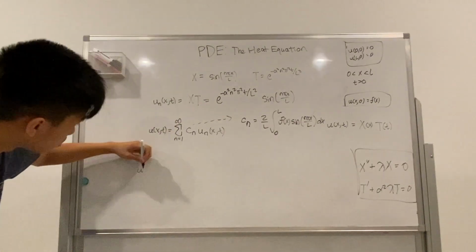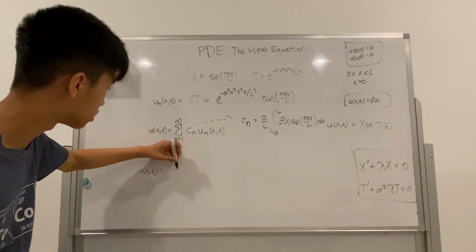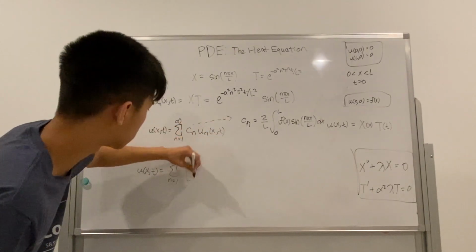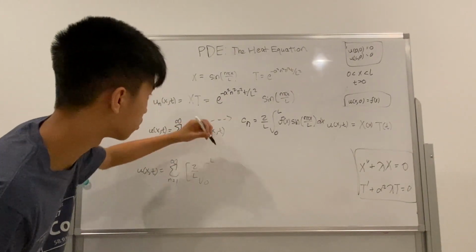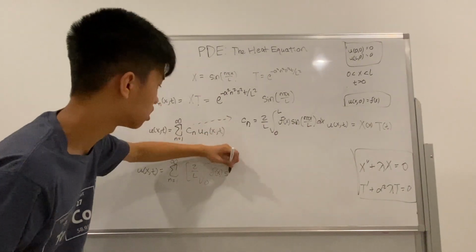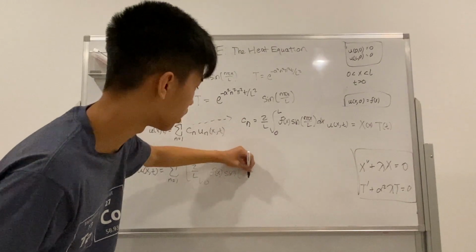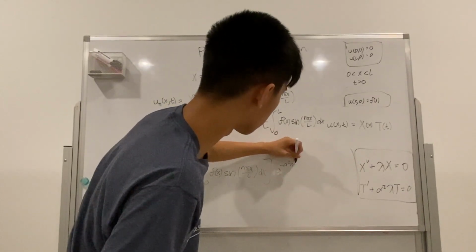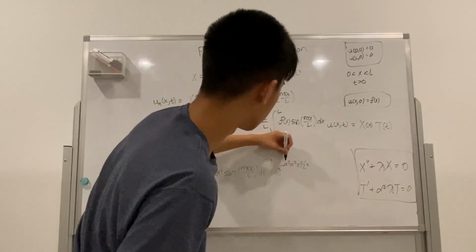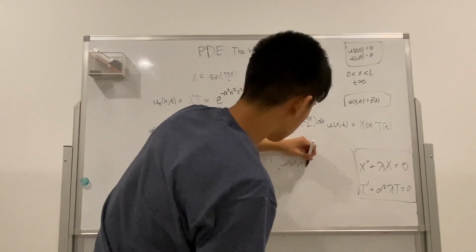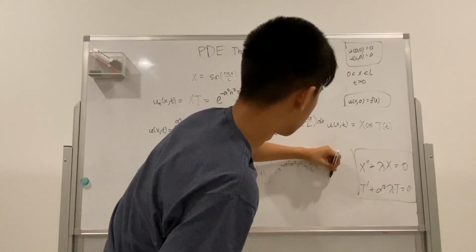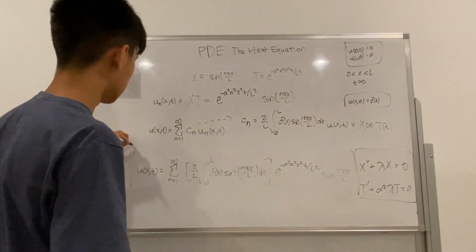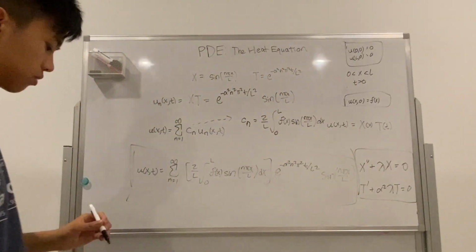So we have u of x, t equals the sum from n equals 1 to infinity of 2 over L times the integral from 0 to L of f of x sine n pi x over L dx, times e to the negative alpha squared n squared pi squared over L squared, then, oh wait, don't forget the t, times sine n pi x over L. And this is our solution to u of x, t.